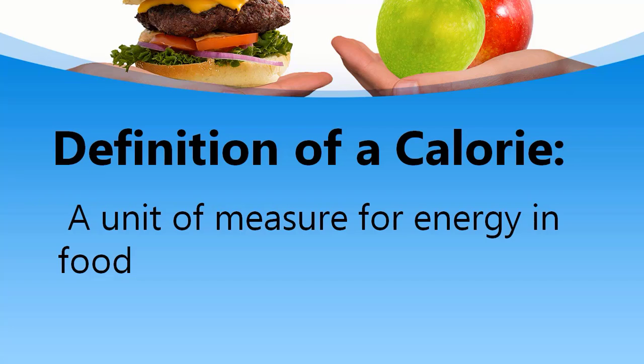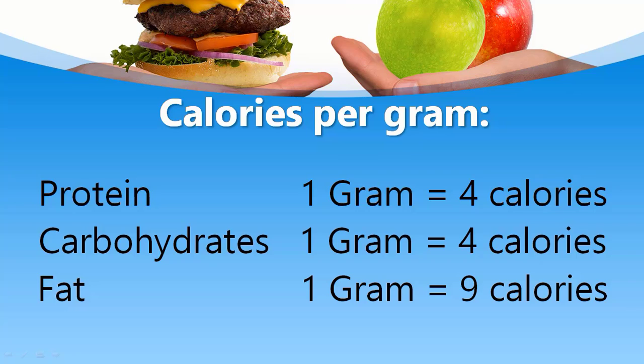Energy is usually measured in terms of calories, joules, or kilojoules, but in nutrition, calorie is the apt term. Here, 1 gram of protein is equal to 4 calories. For carbohydrates, 1 gram is equal to 4 calories. Whereas for fats, 1 gram is equal to 9 calories.